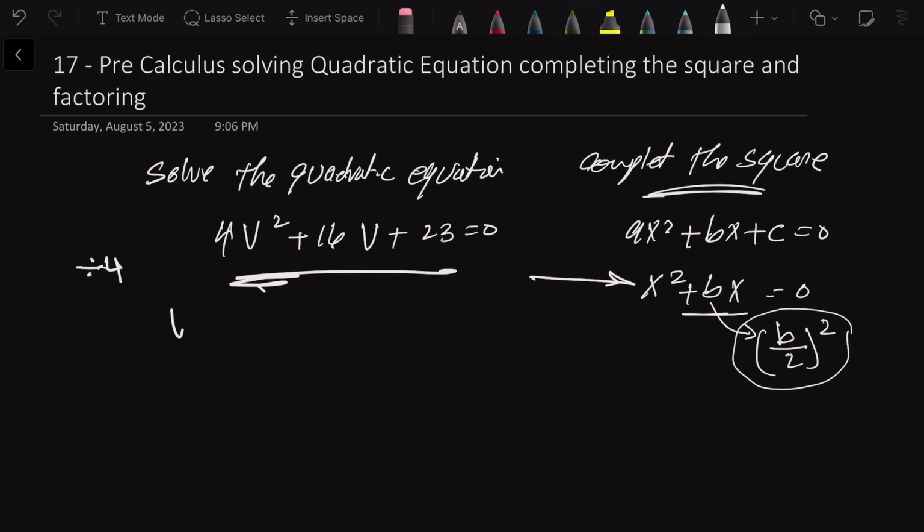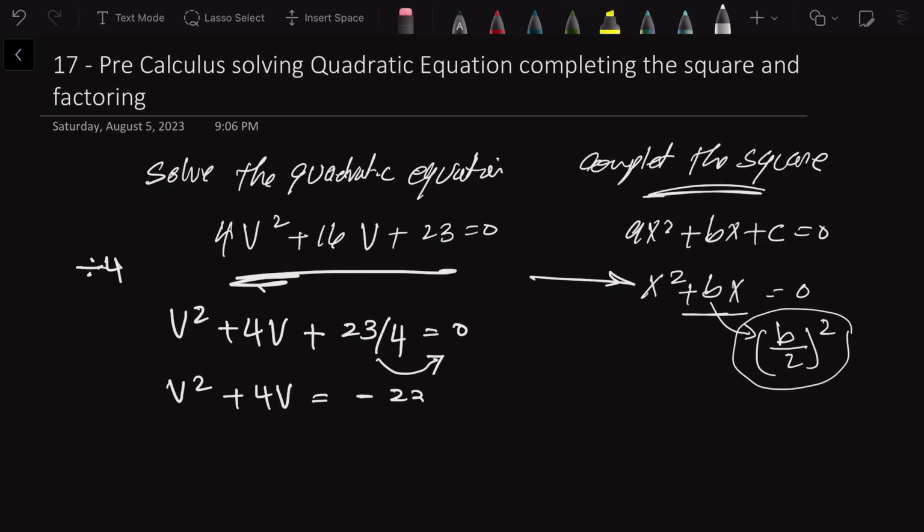So this will be v squared plus 4v plus 23 over 4 equals 0. Okay, we can move this to the other side. So it will be v squared plus 4v equal to minus 23 over 4. All right.